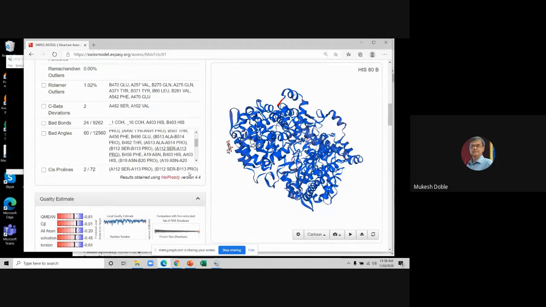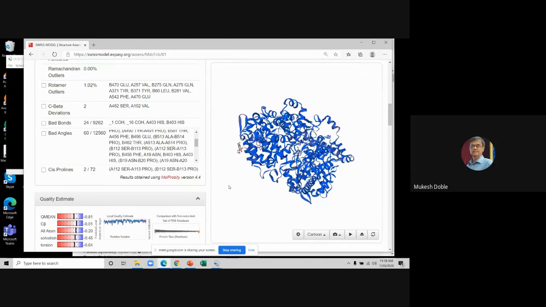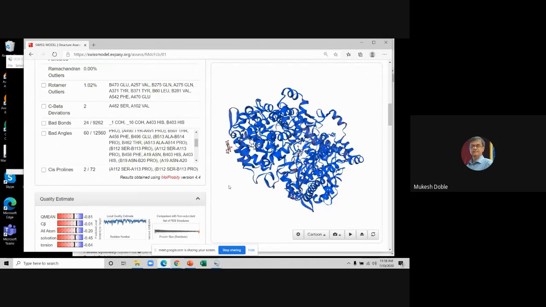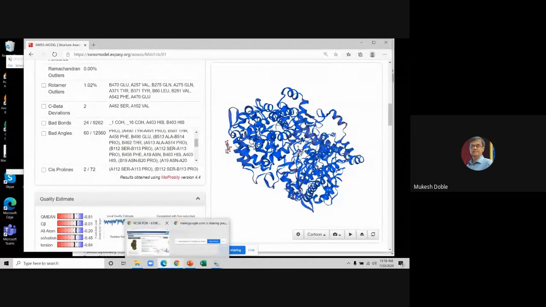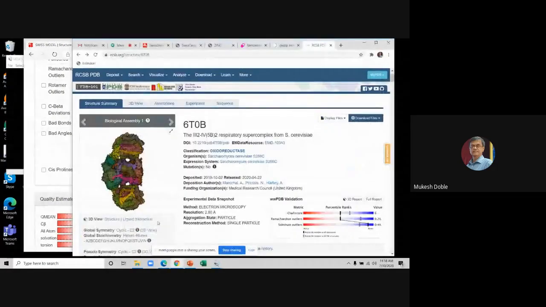Okay, so you need to do a good quality check of the protein which you have generated, that is, the modeled protein which you have generated from the template. So this is the set of activities which we need to do. Don't forget that. Don't blindly go into homology modeling, take a protein, then start working. We need to have a good understanding of the quality of our protein which we have created.